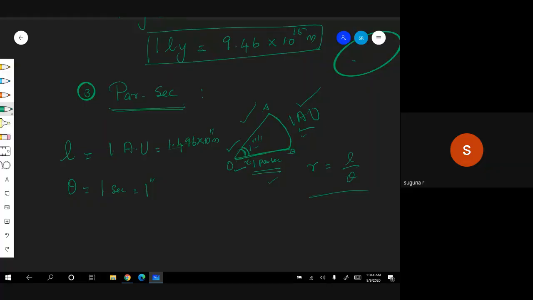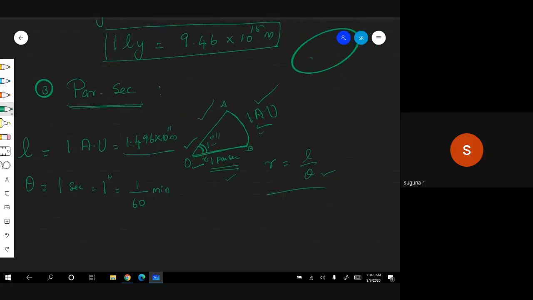Therefore, now we have to find L. L you already know is in SI unit. We have converted 1 astronomical unit into 1.496 into 10 power 11 meter. Now what is theta? Theta is 1 second, but second cannot be used. I have to convert it into radian, the SI unit. How to convert? 1 second is equal to, first you convert it into minute, 1 by 60 minute.